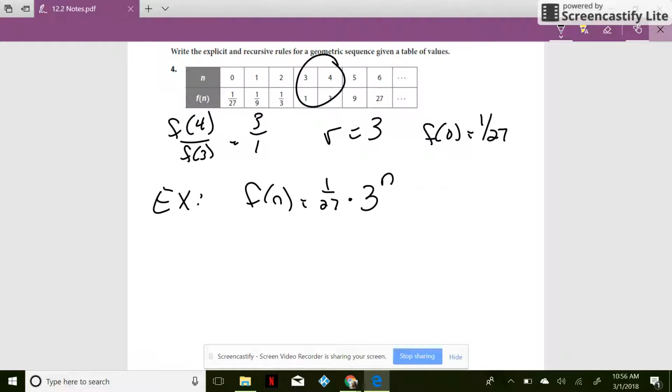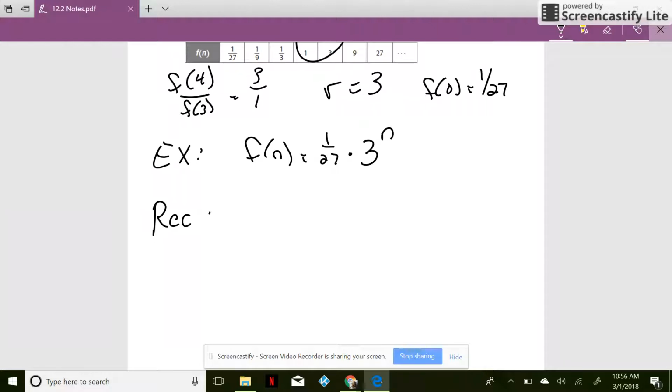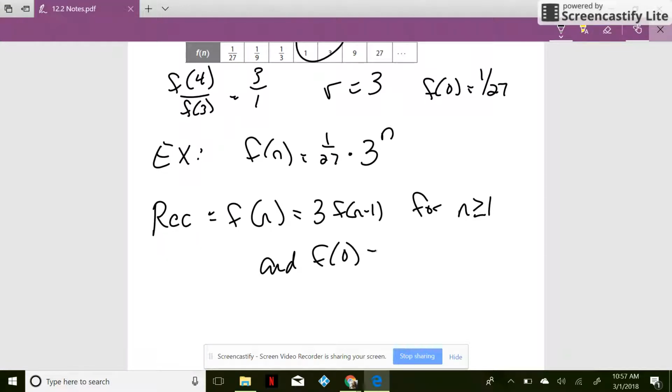We keep it at n since our original position is 0. Recursive function, f of n is equal to the ratio 3 times f of n minus 1, where n is greater than or equal to 1. And then our initial point, f of 0, is equal to 1 over 27.